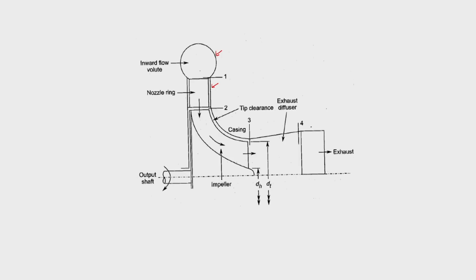Once it passes through the nozzle, it will come into the casing, and then it will go to the diffuser, and then to the exhaust. So these are the different components of the radial flow turbine. You can see that the flow is inward, coming along the radius toward the center of the circle, toward the center of the output shaft.